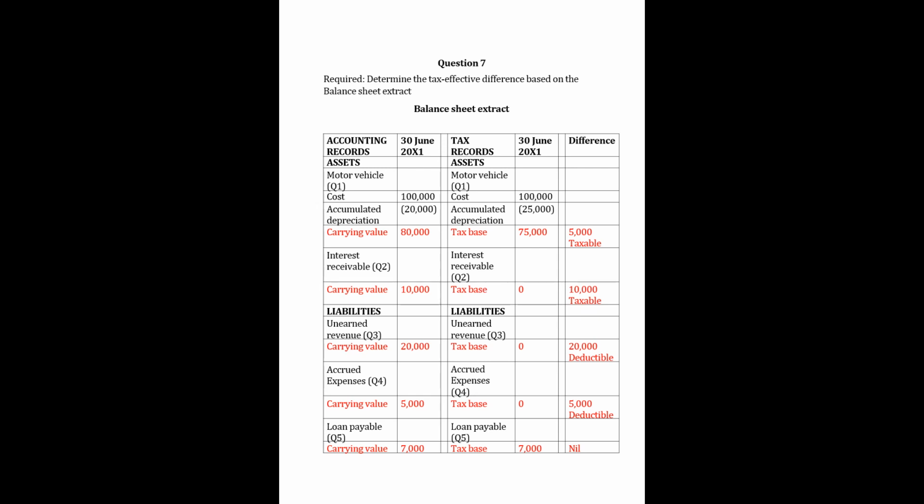In question 5, loan payable, it was a special case that we included. Carrying value and the tax base are the same, therefore there is no effect on the difference.